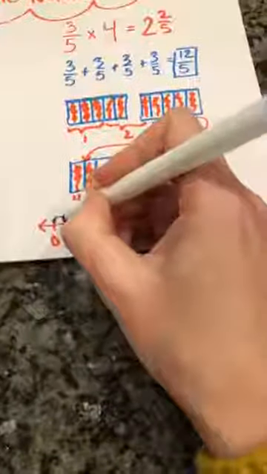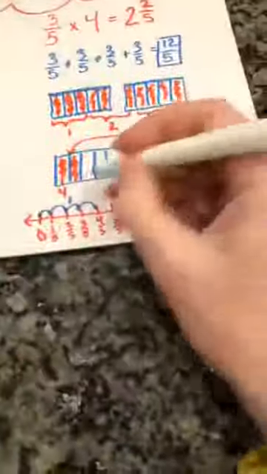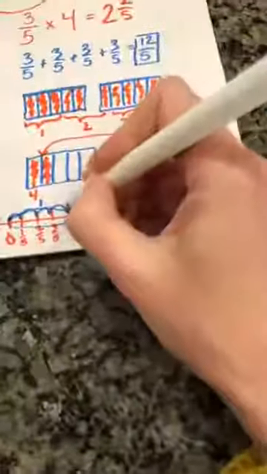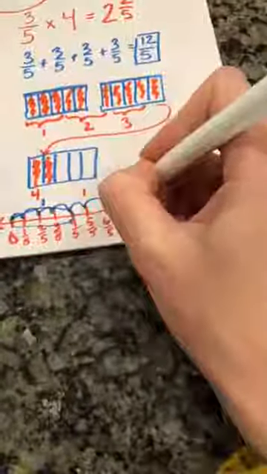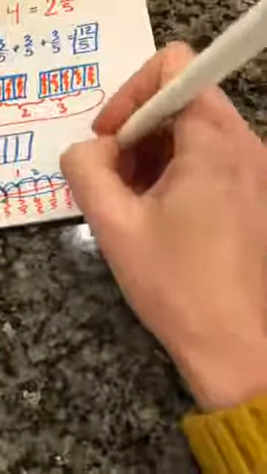So now I'm going to do 3/5 4 times. So I'm going to count 1/5, 2/5, 3/5, 4/5. And of course, I counted by 4/5 instead of 3/5, so sorry.